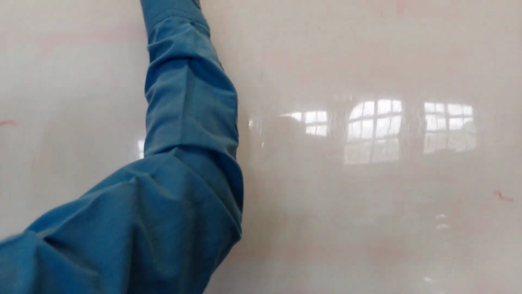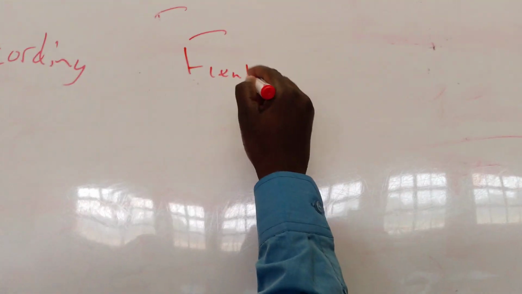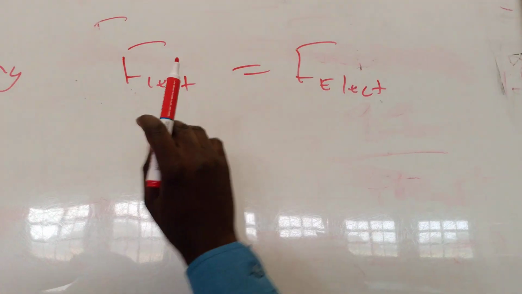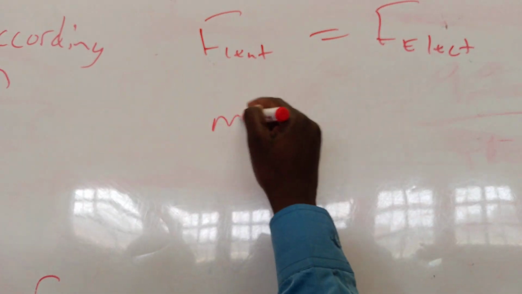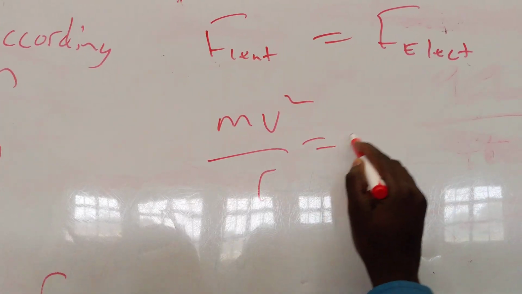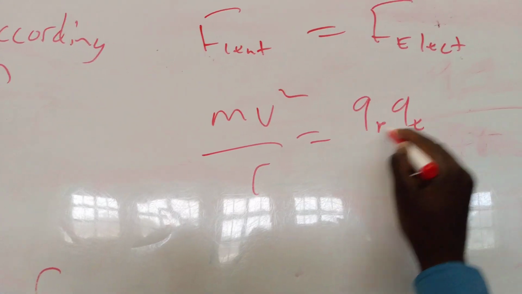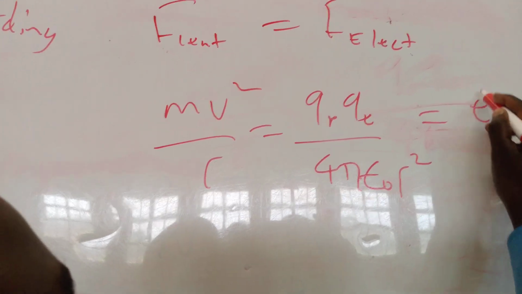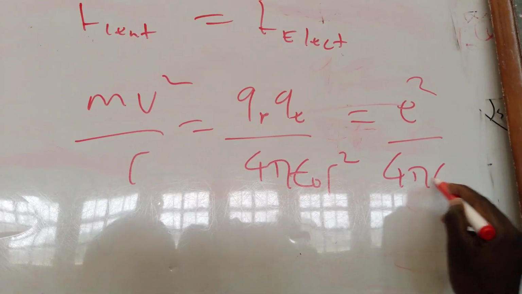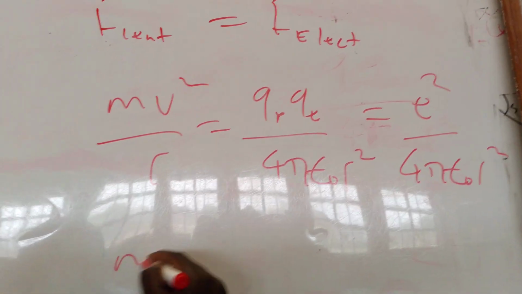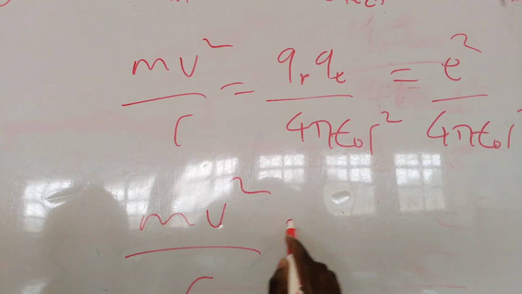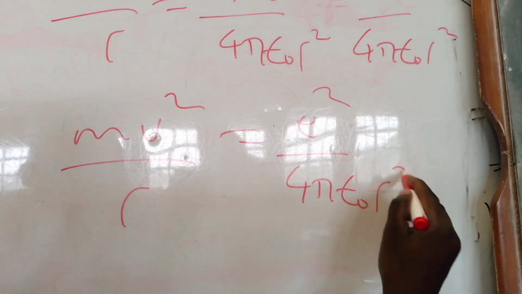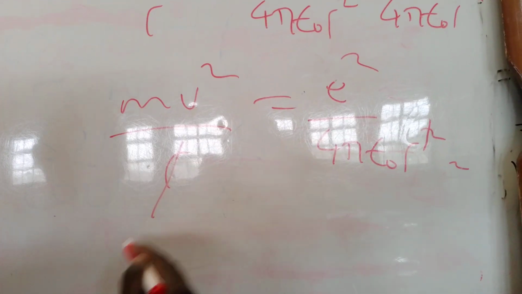So earlier on we said the centripetal force is due to the electrostatic force between the proton and the electron. So the centripetal force is mv squared over r, which is the charge of a proton times the charge of an electron over 4 pi epsilon naught r squared, which reduces to e squared over 4 pi epsilon naught r squared. So mv squared over r becomes e squared over 4 pi epsilon naught r squared. So this r, they cancel.